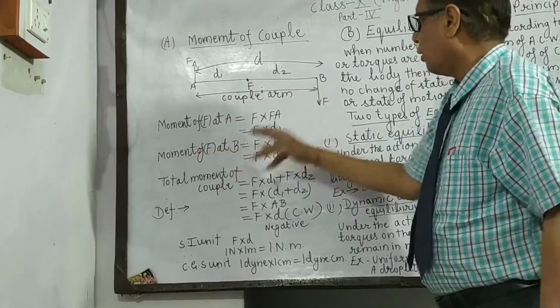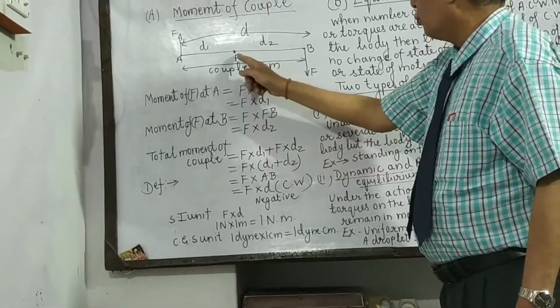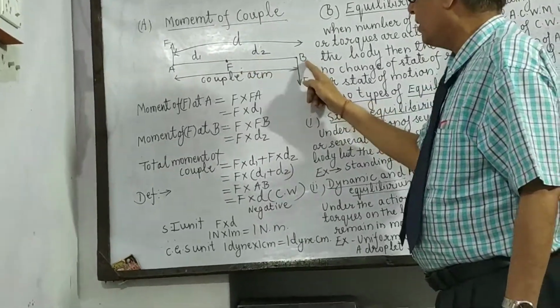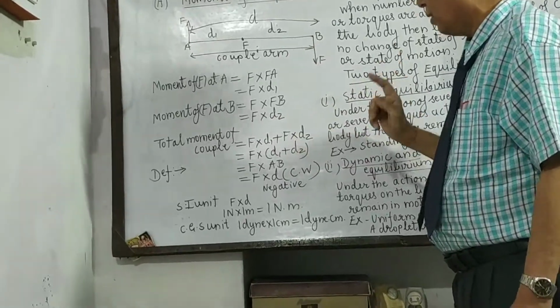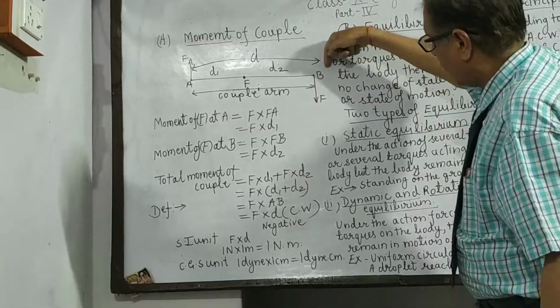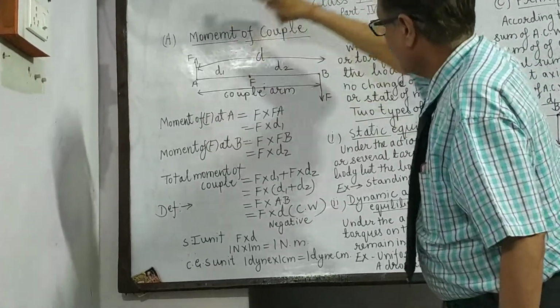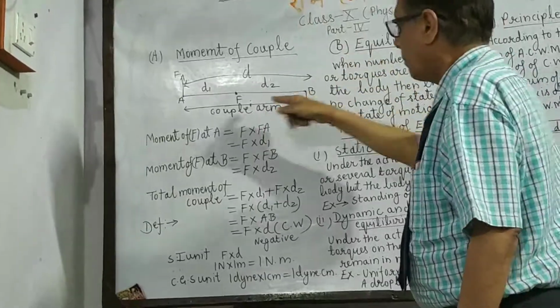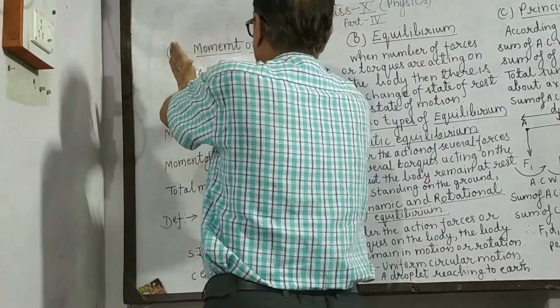Similarly, the moment of the second F acting at B is F into FB. FB is the second moment arm represented by D2, so F into D2. Now you will calculate the direction of rotation. This force will move downward. The total rod will turn about the fulcrum like this.